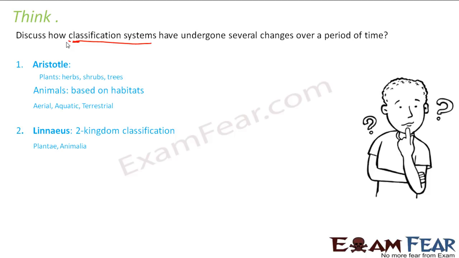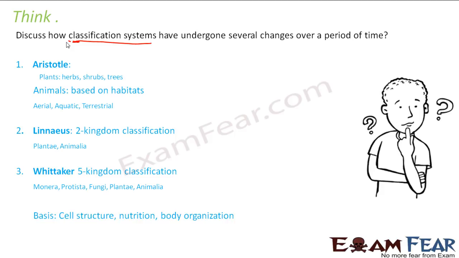So again, after some time, came Whittaker's five-kingdom classification, where he classified all living organisms into five kingdoms, that is Monera, Protista, Fungi, Plantae and Animalia. Now this classification was effective, because the basis of this classification was cell structure, nutrition and body organization. So now the unicellular and multicellular were segregated.